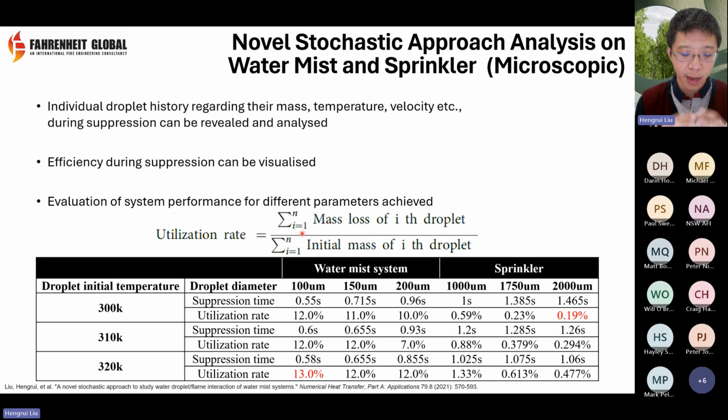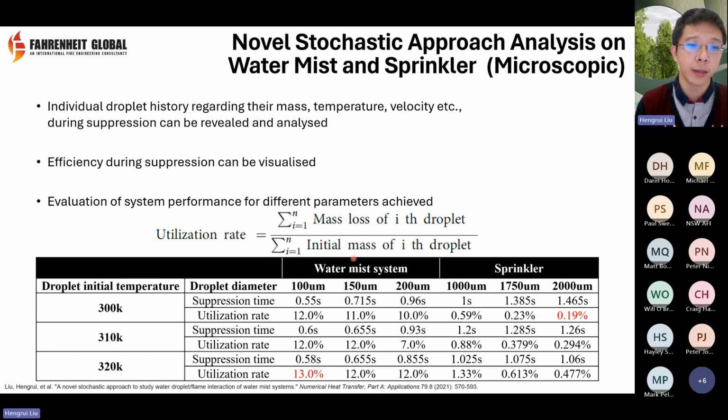And at the end of its life, either it's fully evaporated during the fire suppression, or it's basically hit the wall, hit the ground. So let's say at the end of its life, it hits the ground and we have 5 grams left. So we know the mass loss of the droplet is 5 grams. Initial mass of the droplet is 10 grams.